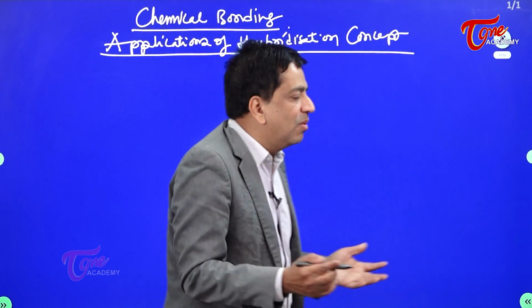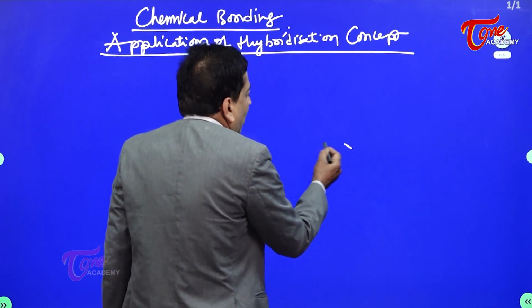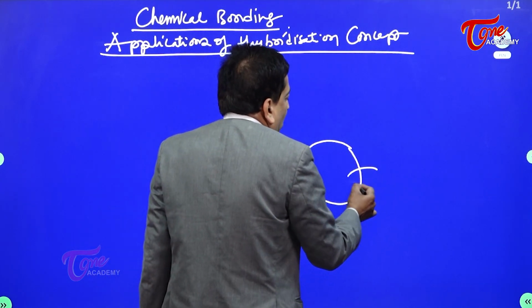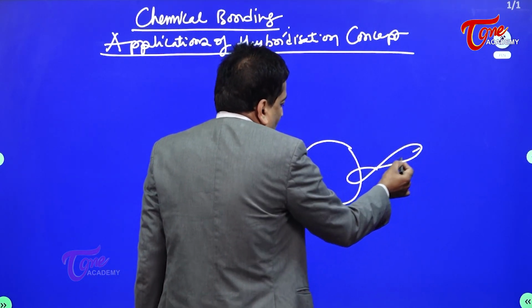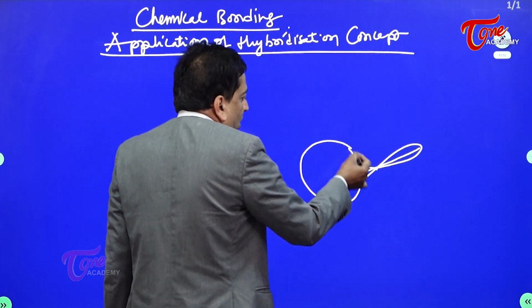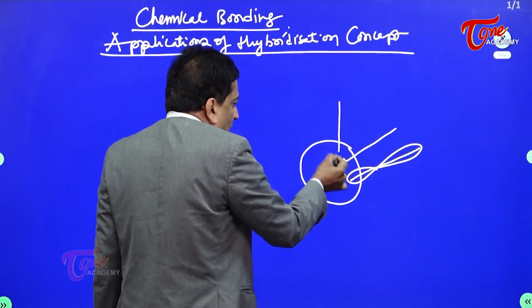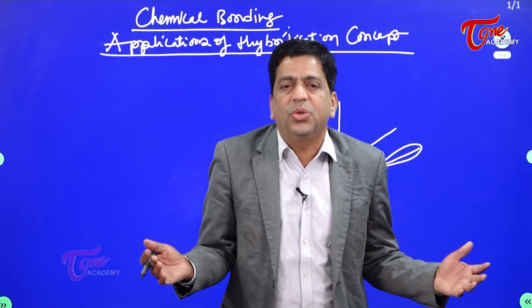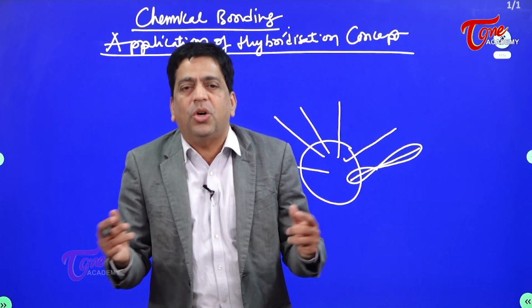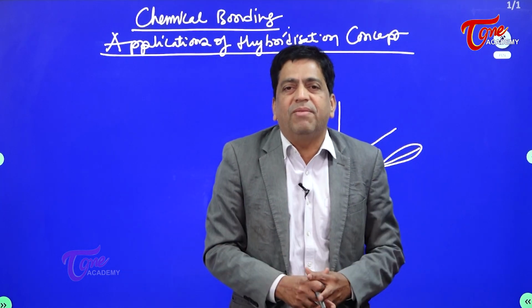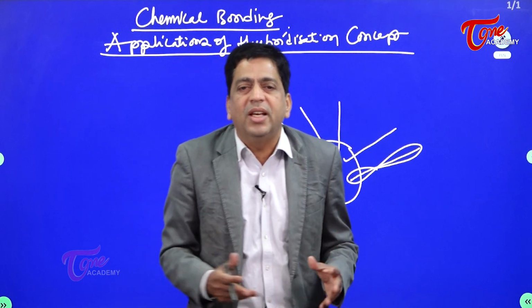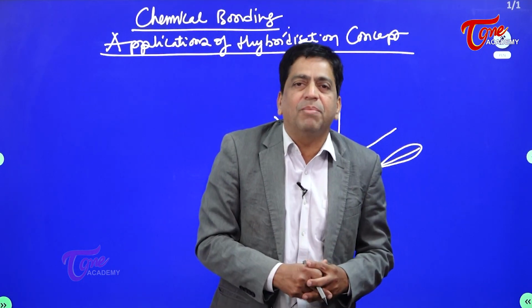If this is the s orbital of one atom and this is the p orbital of another atom, this direction, this projection onto s for the overlap, is absolutely not fixed. Whether the p orbital has to come linearly, acutely, obtusely, or with a certain bond angle is absolutely not fixed.